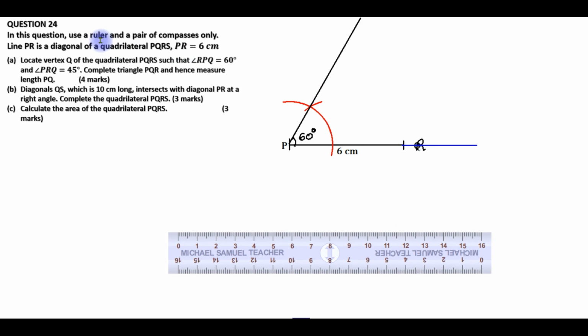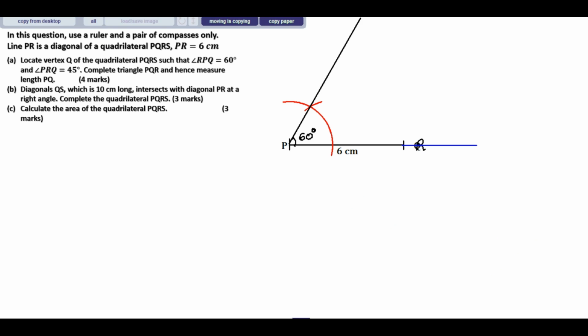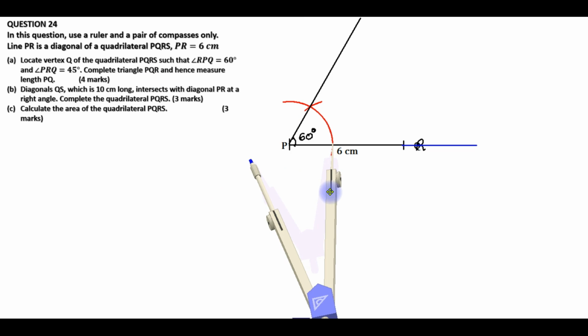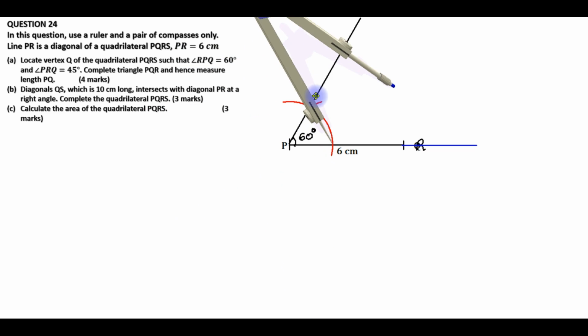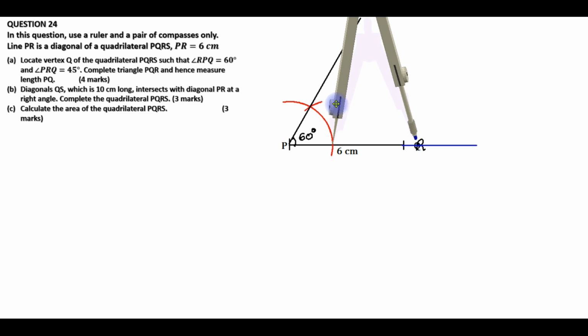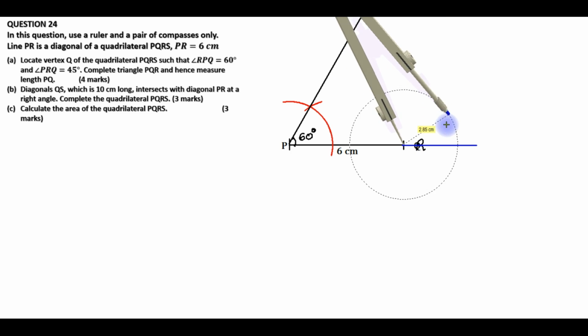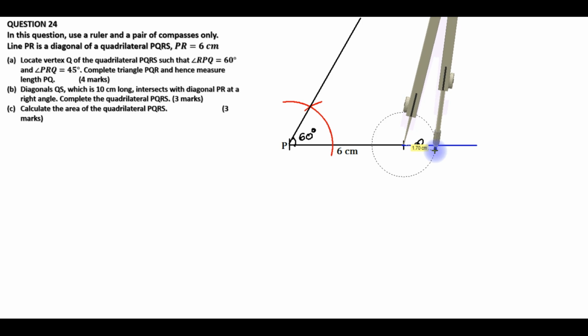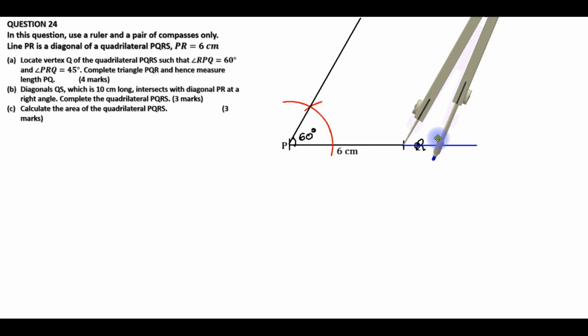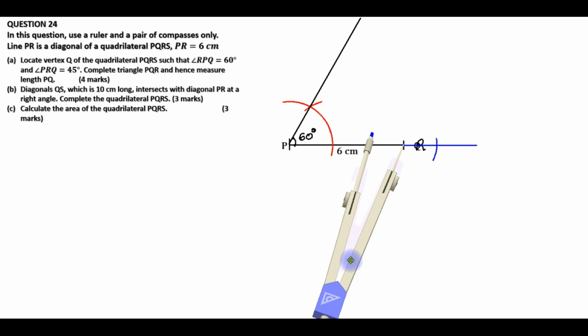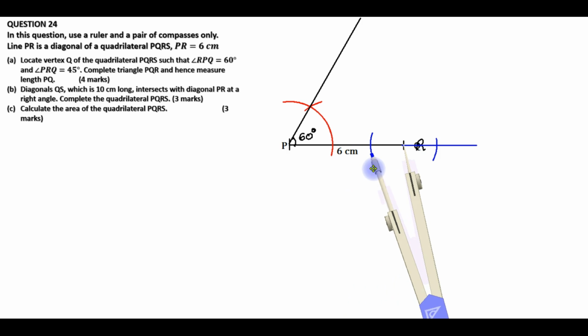Then from there, I'll be able now to construct a perpendicular angle, or an angle of 90 degrees. So for me to construct an angle of 90 degrees, I am required to make an arc this side, and also on the other side I put an arc.